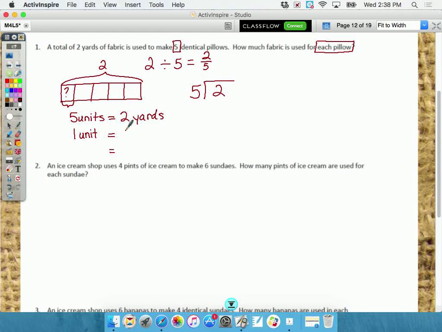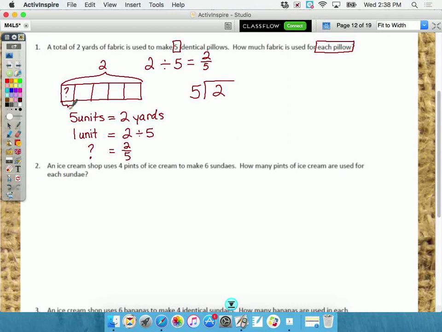On this one, all I simply do is write the division problem. That's it. Down here, question mark. And what did we say the answer was? 2/5. Okay, I'm done with that portion.